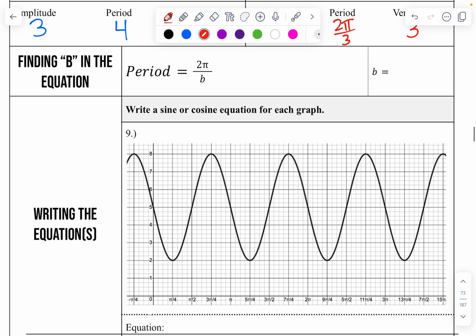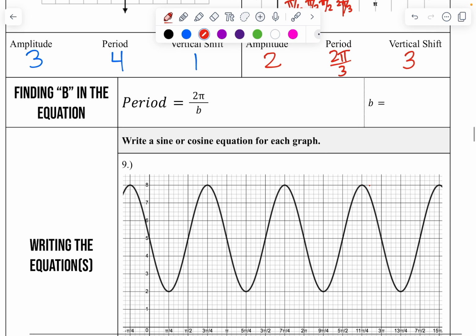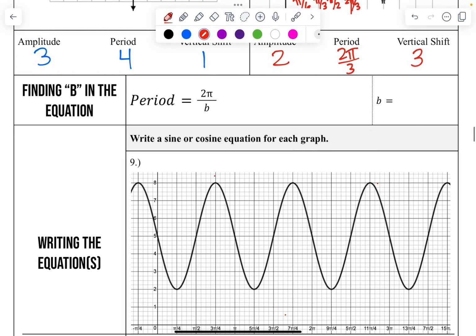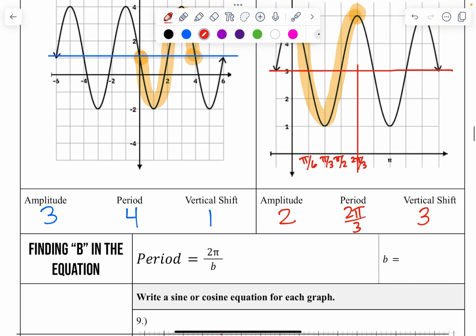All right, so remember that the period is always equal to 2 pi divided by the b value. And it's the b value that we find in the equation, not the period. So how do we find the b value? Well, if you think about solving this equation, we could multiply both sides by b.